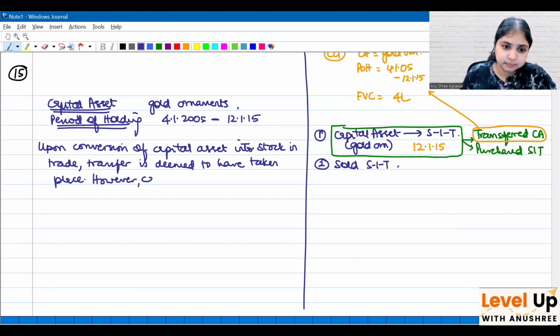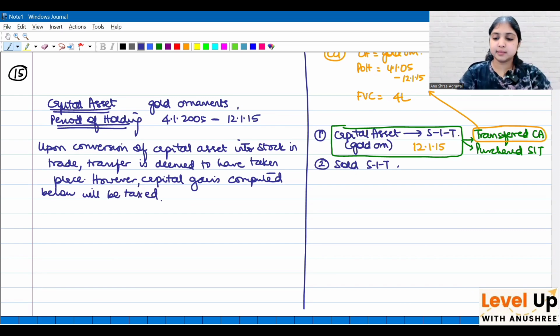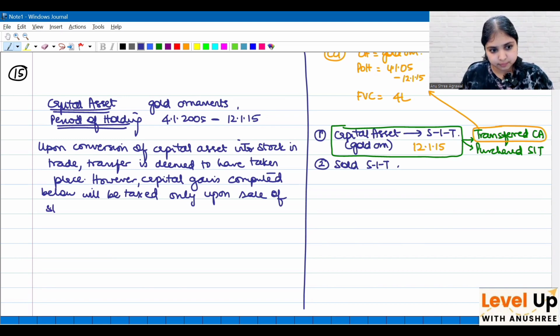However, capital gains computed below will be taxed only upon sale of stock in trade. Capital gains computed below will be taxed only upon sale of stock in trade.